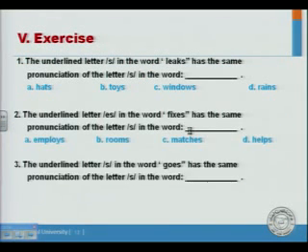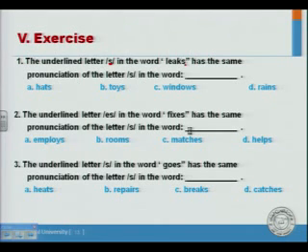these three questions, and this is the way you are going to face in the final test. The rubric of the question is: the underlined letter S in the word "leaks" has the same pronunciation as the S in which words?